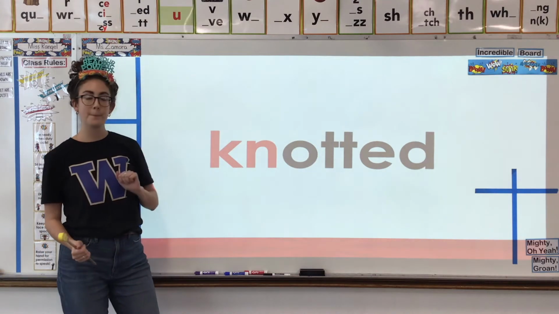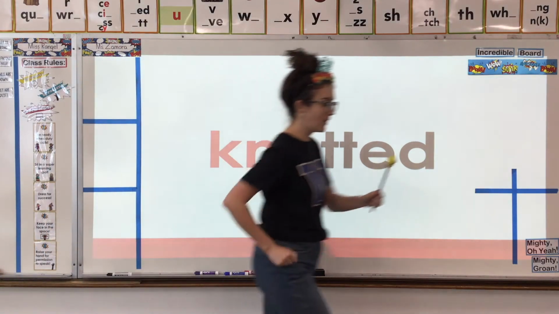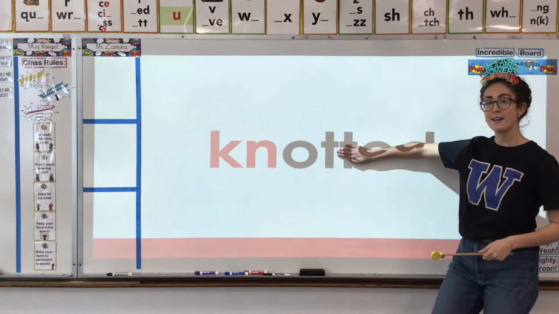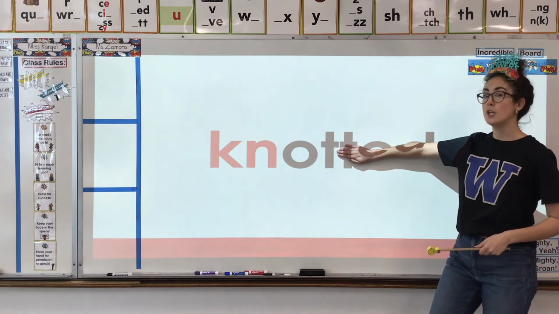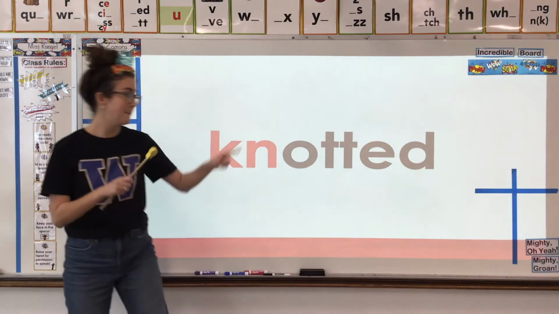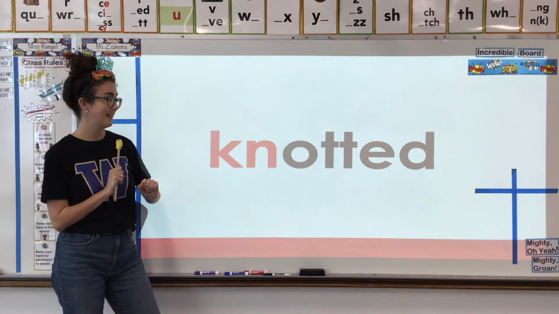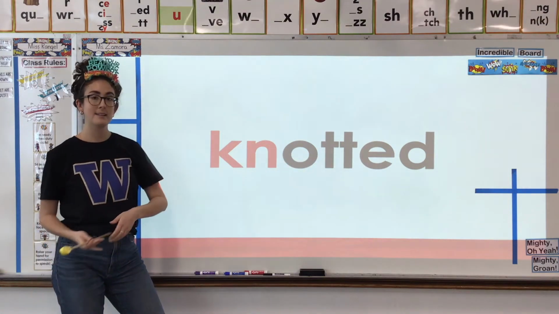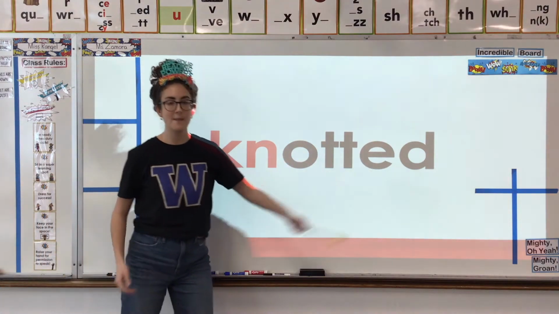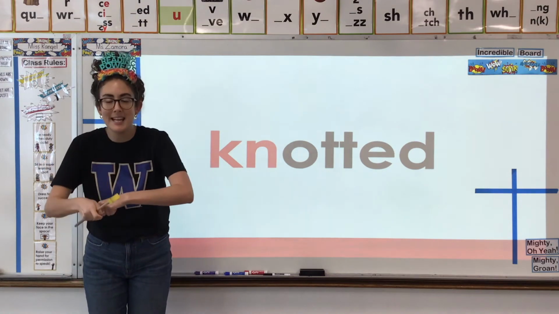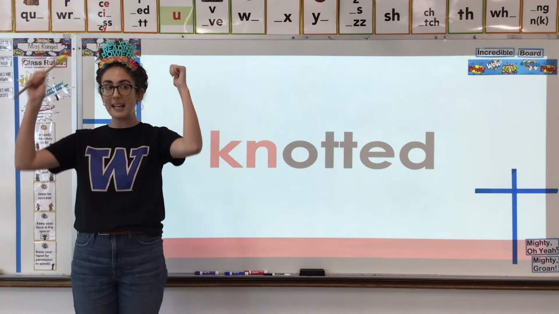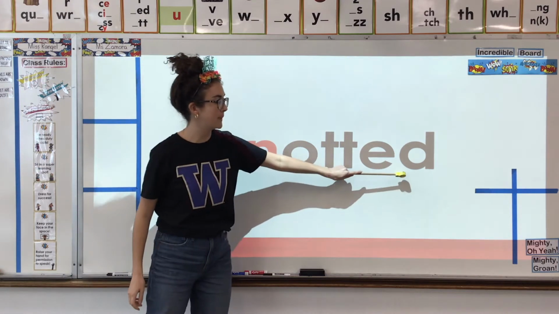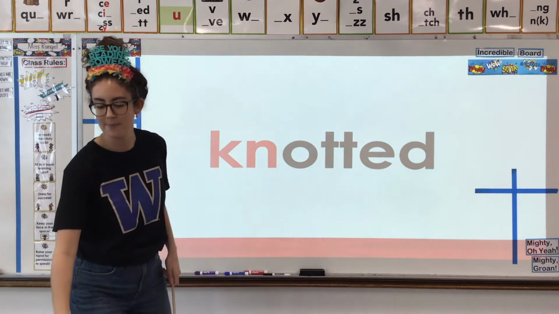Next one. What do you see? Oh, we've got our ED ending. So let's decode the base word. Not, and then ed. Knotted. If something's knotted, it's all tangled, but it was in the past. It already took place from our ED.